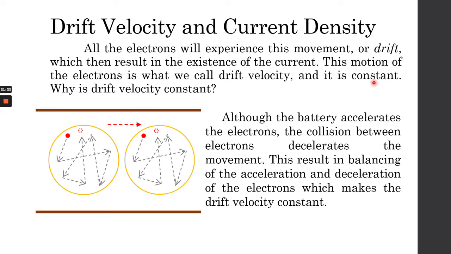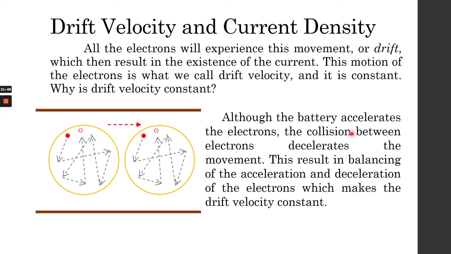So why is it constant? The battery is now accelerating the electron in the direction opposite to the electric field. So why is the electron at a constant drift velocity if it's being accelerated by the battery?